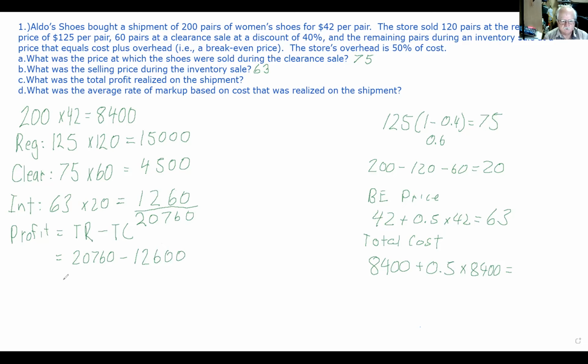And so this will equal some number that I don't know yet. 20,760 minus 12,600. So their total profit on these shoes was $8,160. So that's the total profit on the shipment.